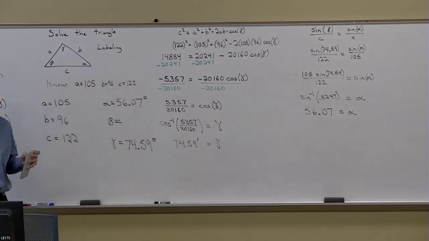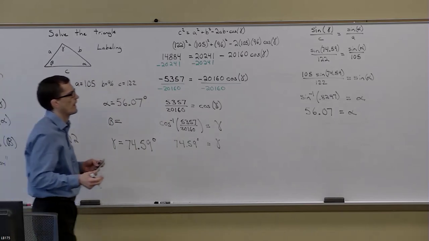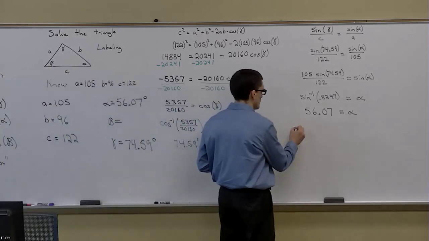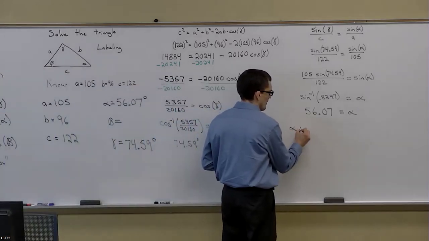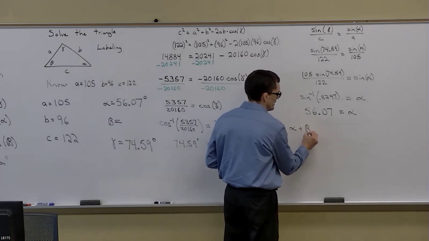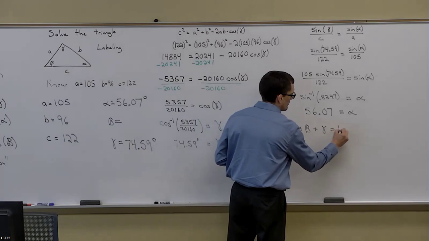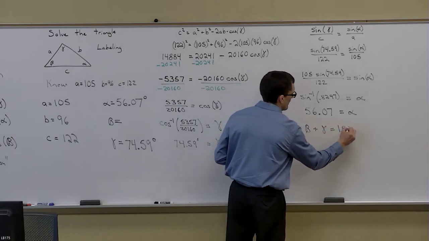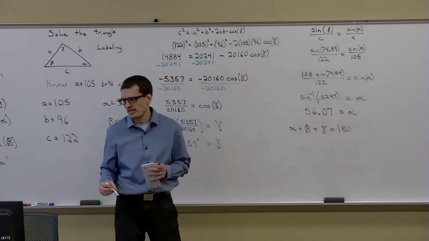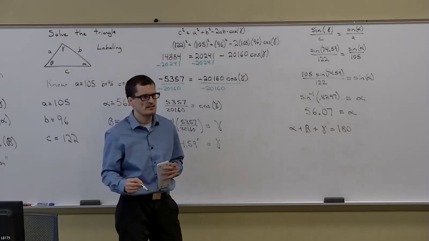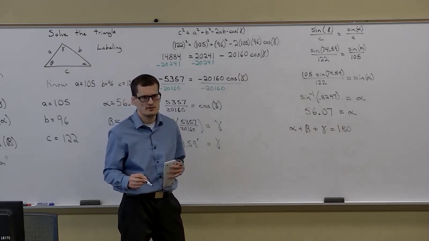And then just like we did before, I'm going to use the path of least calculation to find my beta. And probably in this case, well, I'm sure in this case, it's the fact that the three angles add up to 180 degrees.